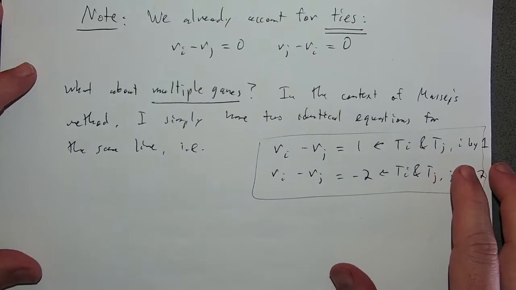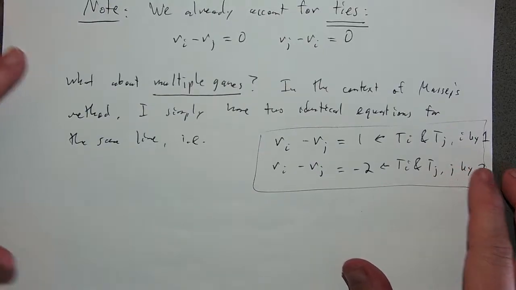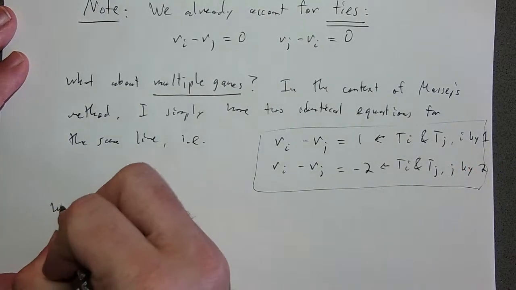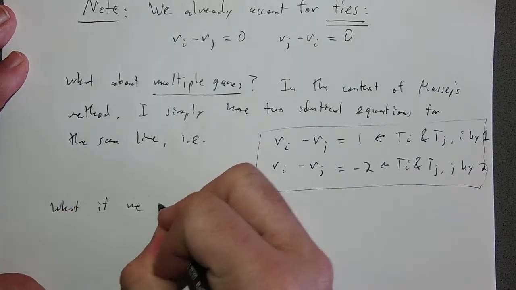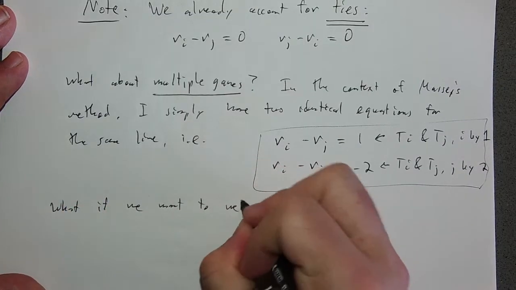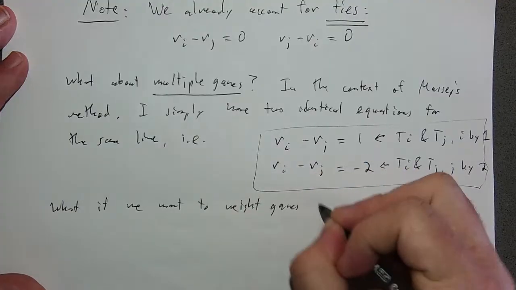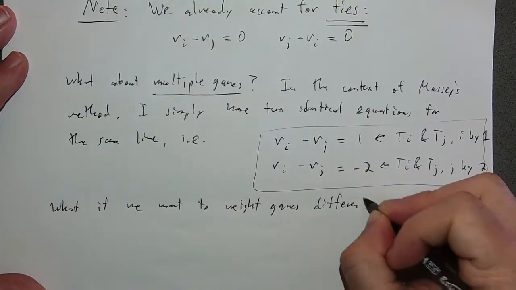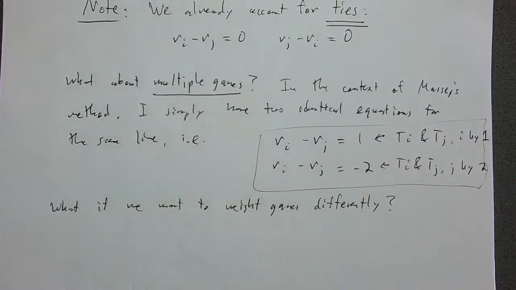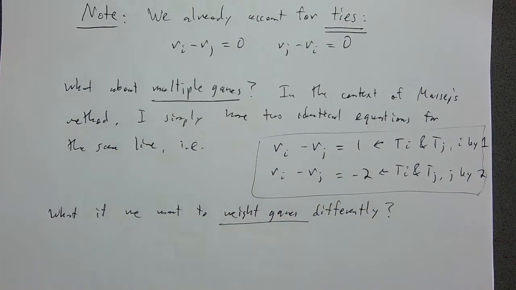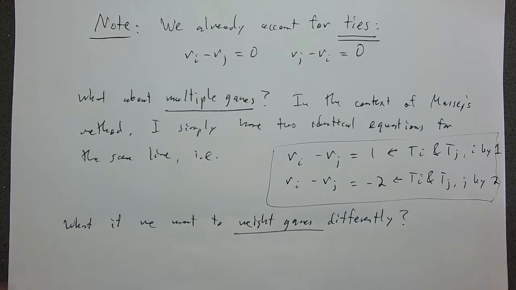So here's another way that we can alter things. What if we want to weight games differently? For the purposes of the ranking, maybe we want to give certain games more importance, more prominence in the computations than others. There's a variety of reasons you might want to make one game factor in more heavily than another.